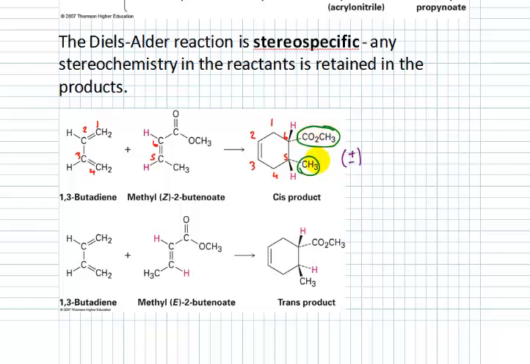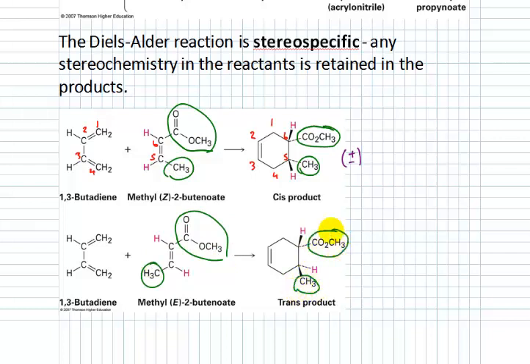You could draw them either down or up, right? Since both enantiomers are formed, but they are cis to each other. Their relative stereochemistry will be cis, because that was determined right here. If they're opposites of each other, if they're trans-like on that C=O in the 6-membered ring product, they will be trans to each other.